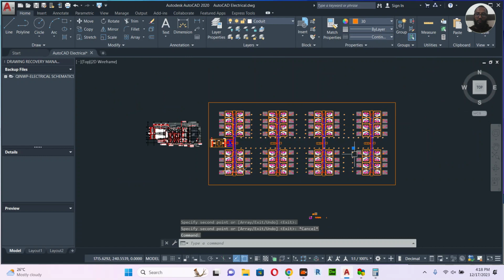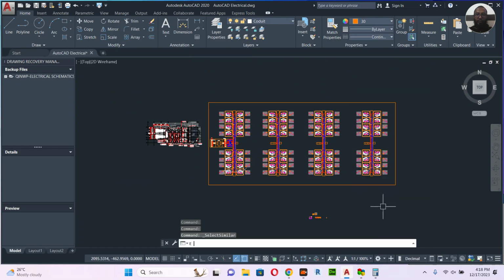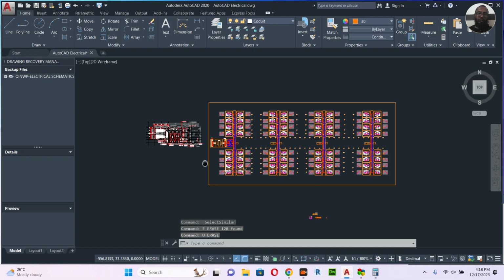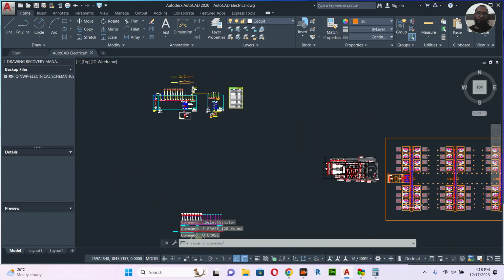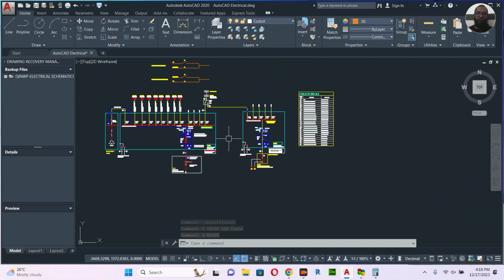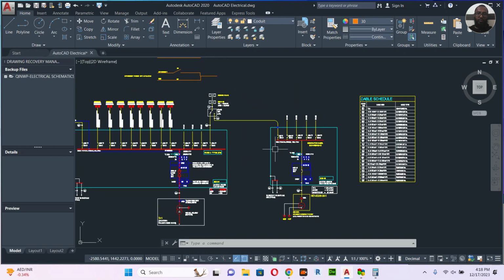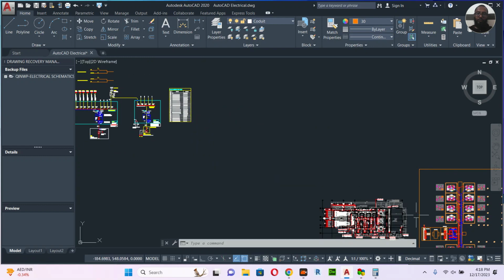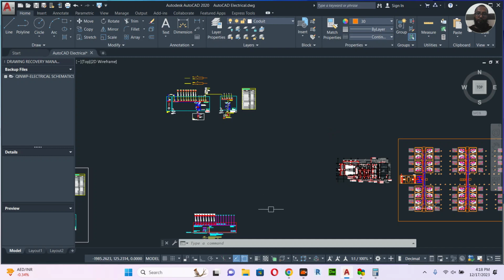So let's select all these lights, select similar, let's delete it, enter. So I will have 120 lights deleted, so let's undo. So let's say one light is 50 watts. I just want to get the load. You have to make the feeder pillar also the same like the DB schedule.